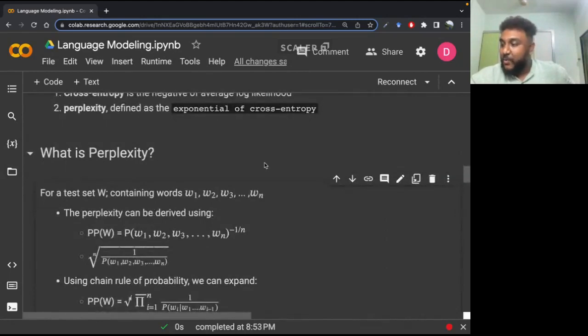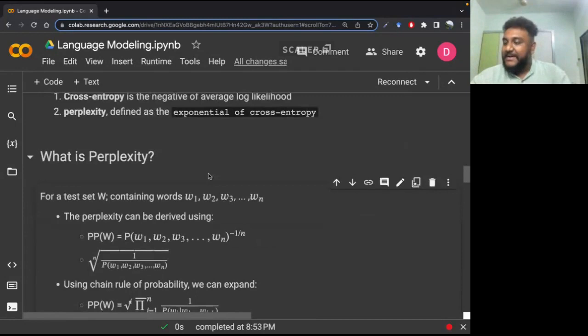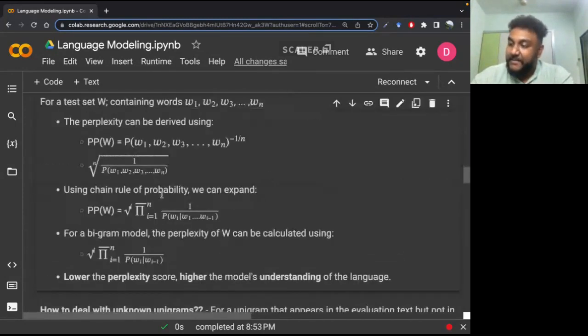The 1 upon n will now become a root. It will be 1 upon the nth root of this whole probability term. And since it is negative, that will come in the denominator, which is why we will have the nth root of 1 upon p of w1, w2, w3, all the way up till wn. This is what we call the perplexity.